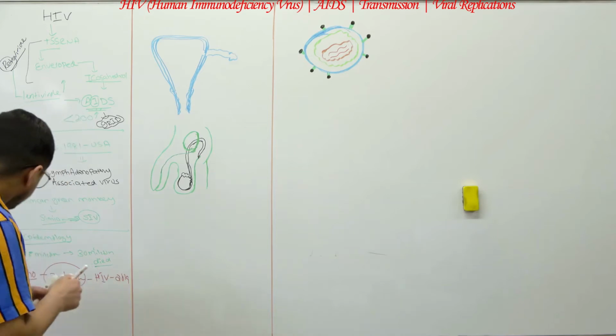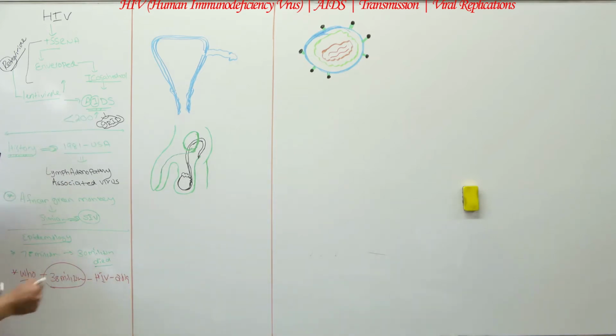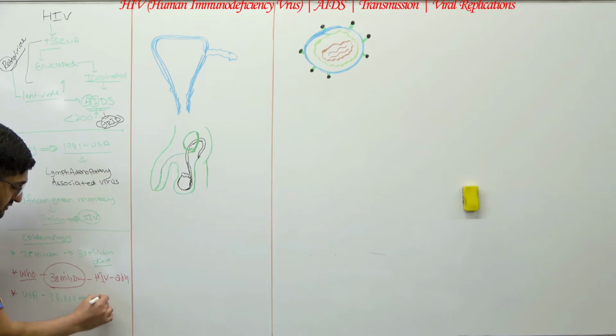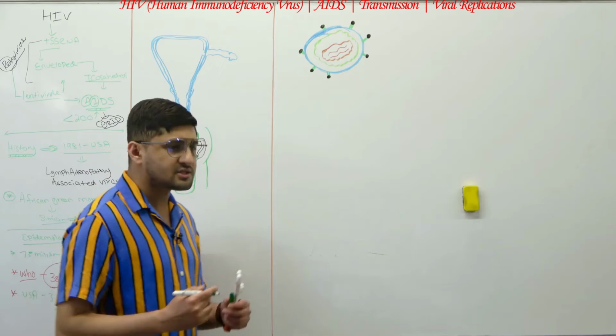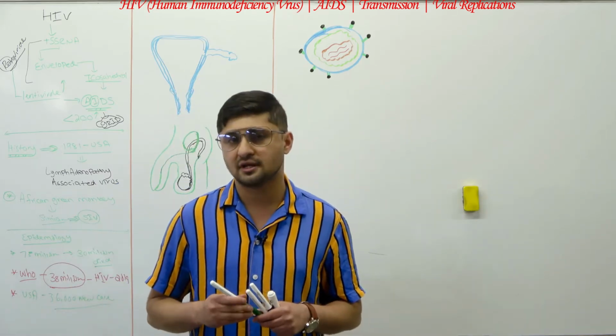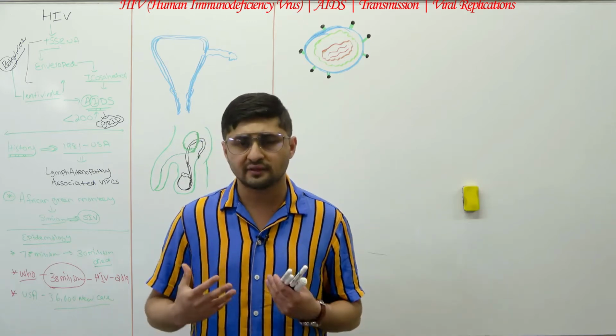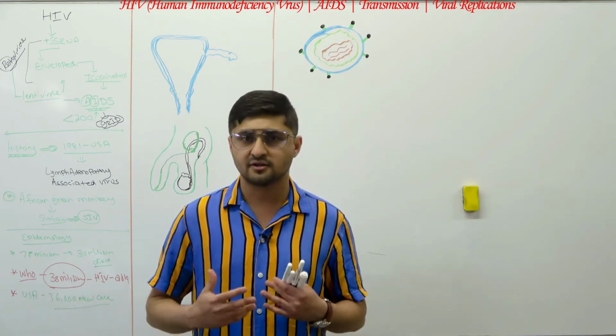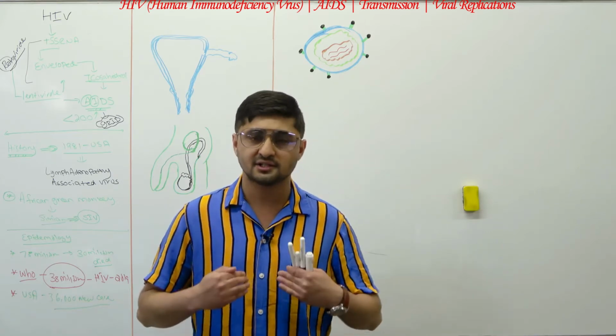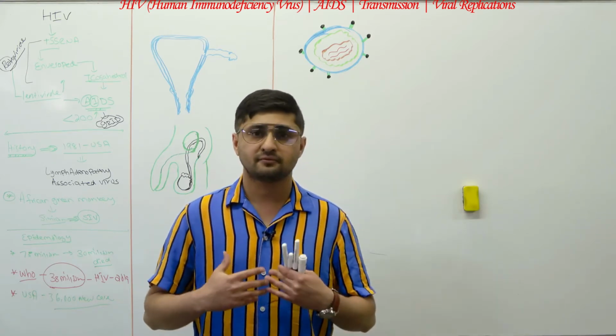38 million people are currently living with HIV globally. If you want to think about the US, the USA gets about 36,000 new cases every year. So this is a huge number of people who have got this virus, and as we know, there is no cure for it. Once you get the virus, it stays in your body for the rest of your life.